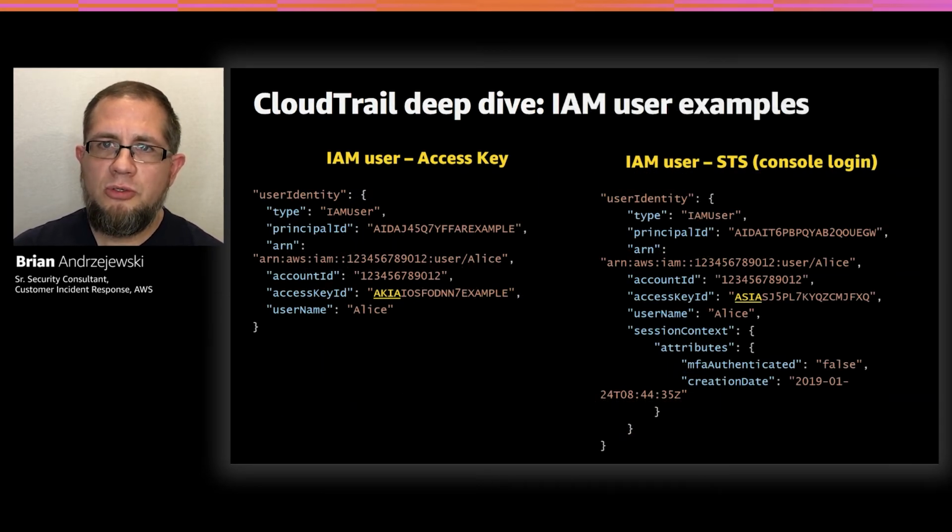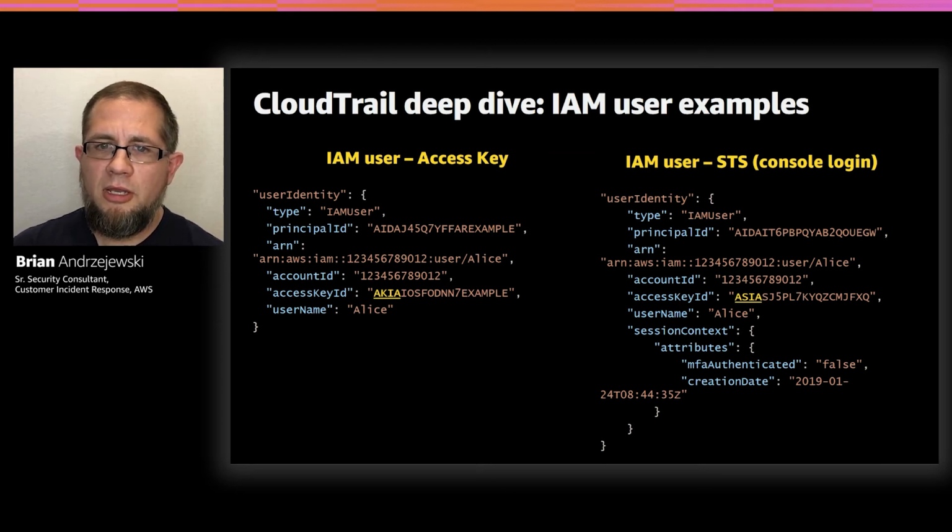We're going to go over two critical examples that I find customers ask me about. One is an IAM user access key. In CloudTrail, this is what we call an AKIA on the access key ID, which is highlighted in yellow and underlined. That in particular is an access key that is assigned to an IAM user. It is a static key that exists until it is deleted from a user.